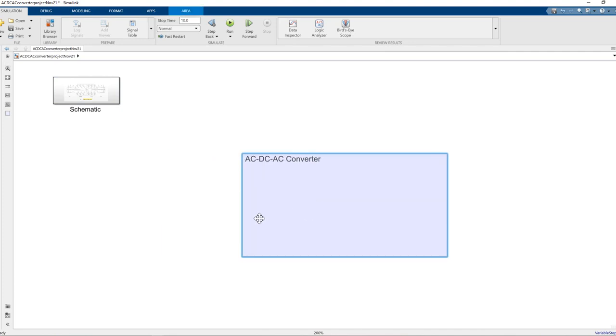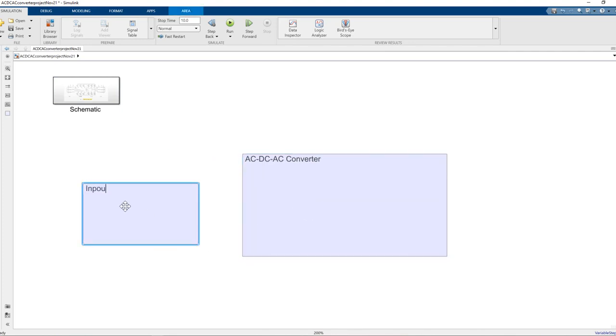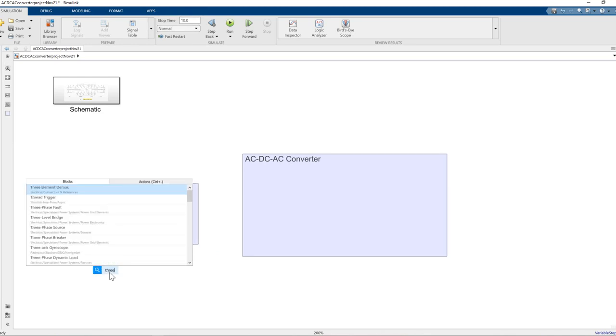And we have the input here in AC, and the output here, of course, we have the AC also. So for the input, we have the three-phase source.